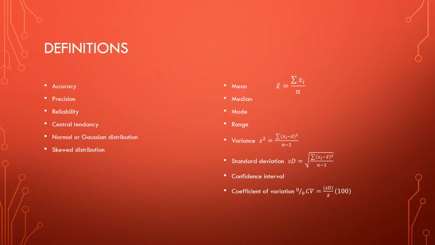So a skewed distribution might refer to something that's physiologically limited. For example, let's talk about urinalysis. If you talk about the pH of urine, well, there's a physiological limit.